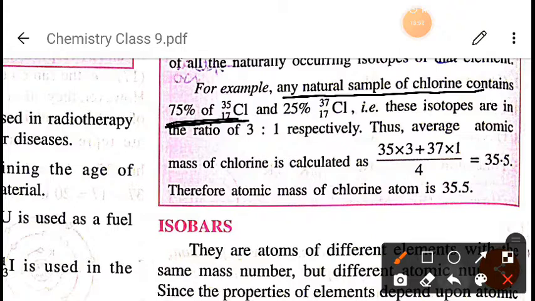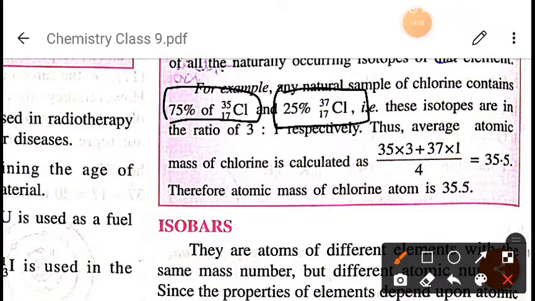Most of the time, the composition, or the amount, of chlorine-35 is 75% and the other one is 25%. So we will multiply. 75% means 75 by 100, I hope you know these calculations, right?